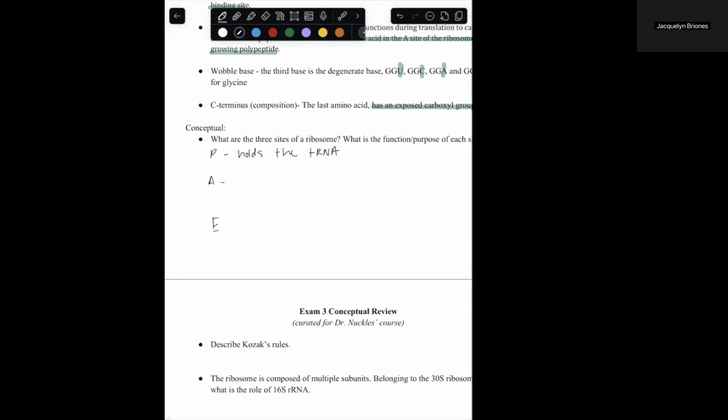Our A site brings the next amino acid to add to the growing chain. And then we have the E, which is the exit site. This is where uncharged tRNA exits.